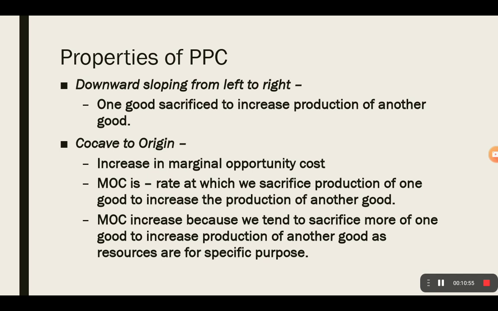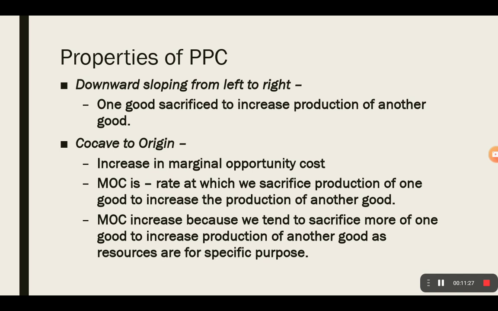MOC is defined as the rate at which we are sacrificing production of one good to increase the production of another good. This marginal opportunity cost is increasing because we tend to sacrifice more of one good to increase the production of another good.